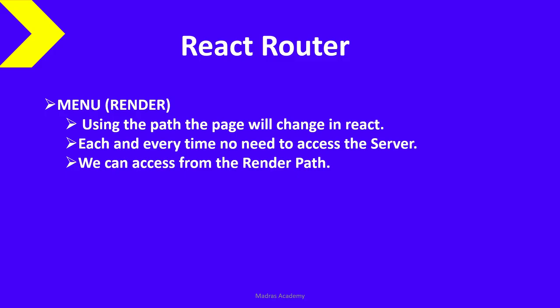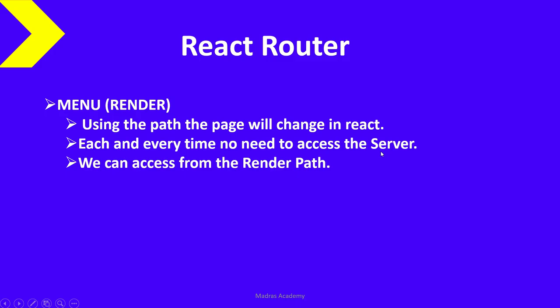Whatever path we give, using that path it will change the page. From one page we can move to another page. How we implement this routing method in our React, we'll see that. Each and every time, there is no need to access the server.